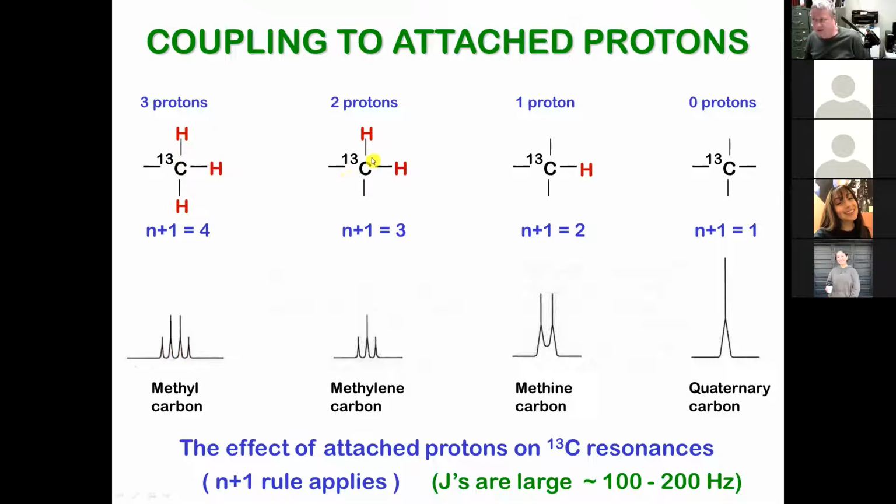What about a CH2? 2 neighbors get split into a triplet. 1 neighbor, doublet, and a carbon with no protons just becomes a singlet. The problem is that the J values are really large, like hundreds of hertz, not just 7 hertz. And when you have these big J values, everything gets kind of overlapped, and it's a mess. So I'll show you what it looks like.